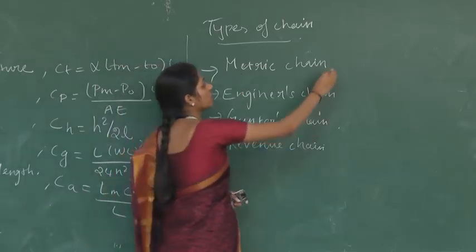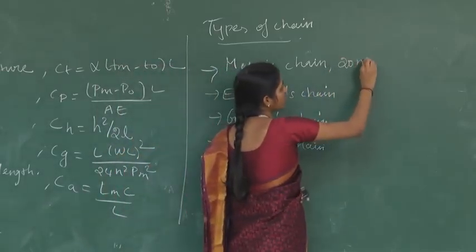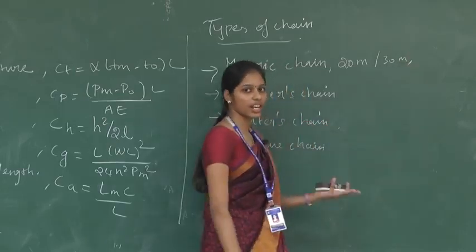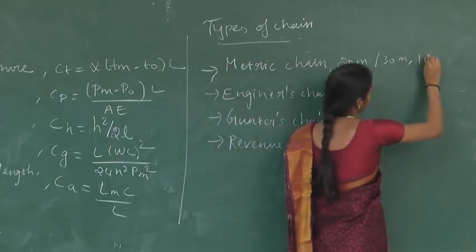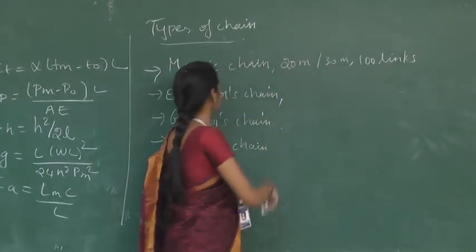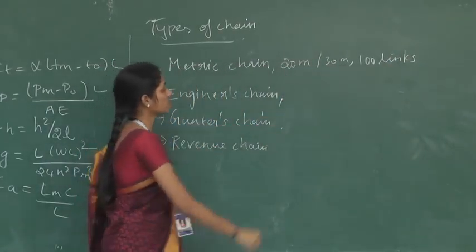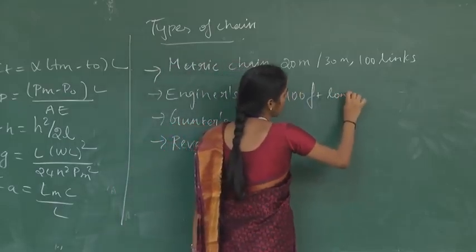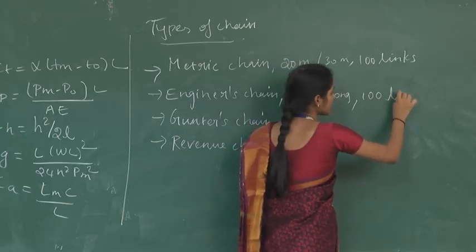Metric chain is totally 20 meters or 30 meters in length. There will be 100 links available. While the engineer's chain is 100 feet long and there are also 100 links available.